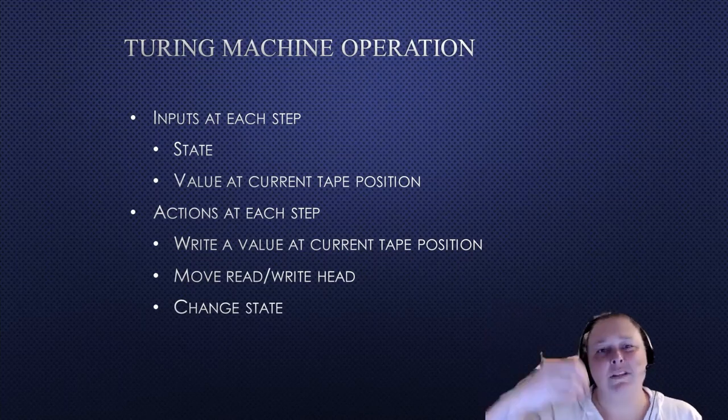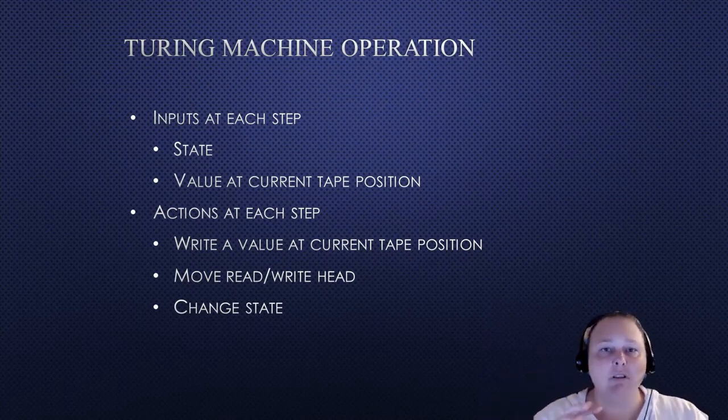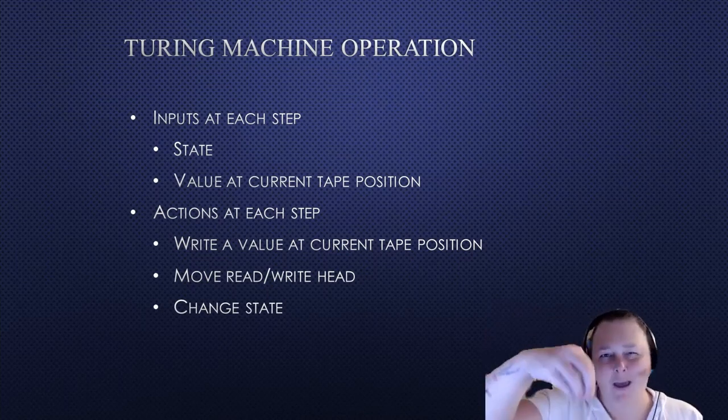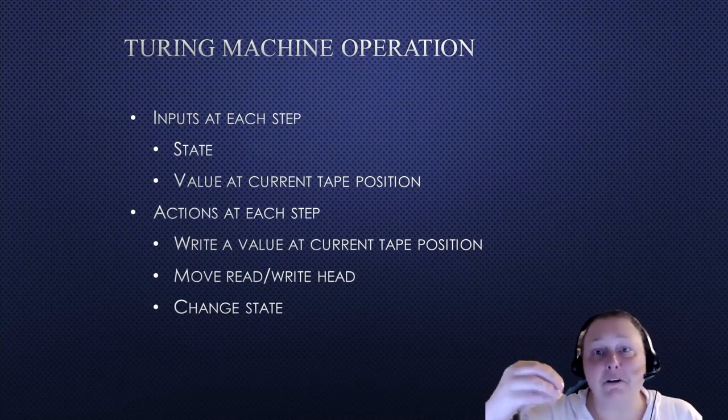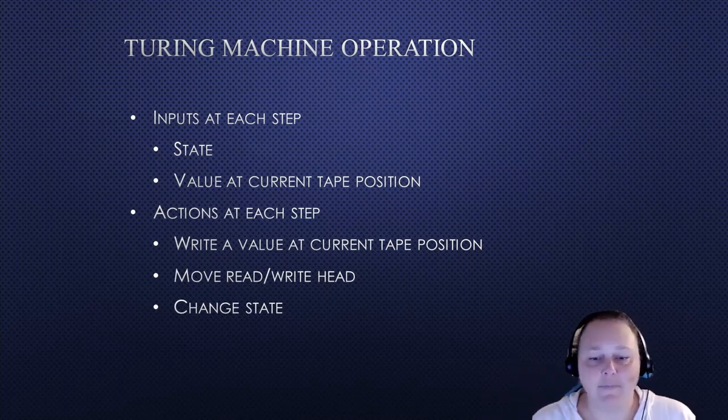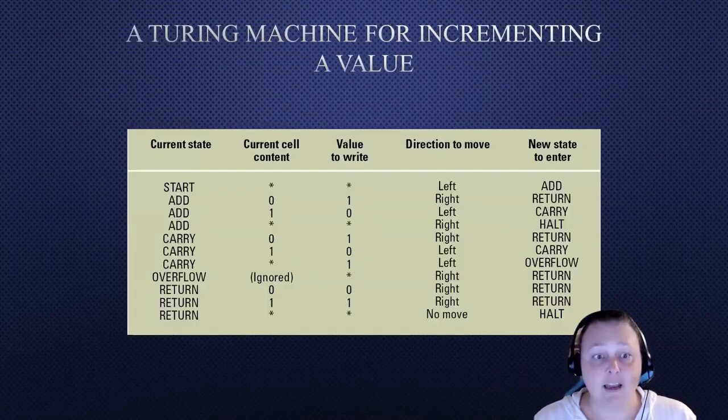That tape position is the position of where that head is in relation to the rest of the data on the disk. Then move the read-write head: what we're talking about is moving the record player needle in and out and moving it around. So that's changing the state. Now, the next slide. This is a Turing machine for incrementing a value.